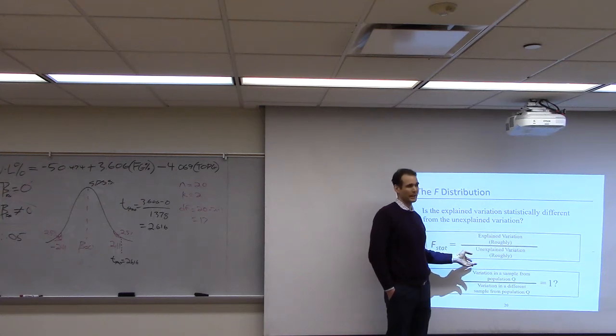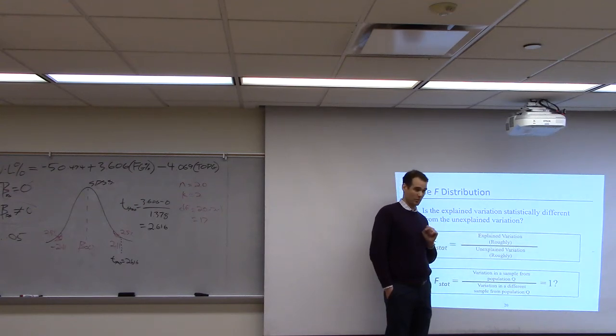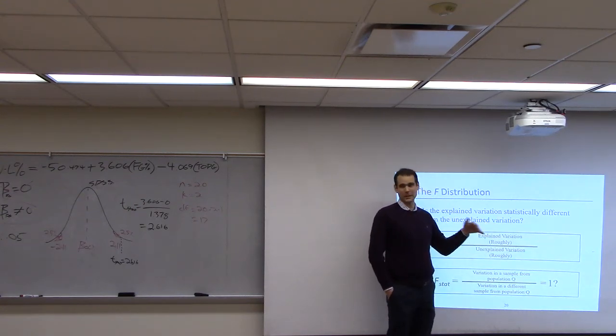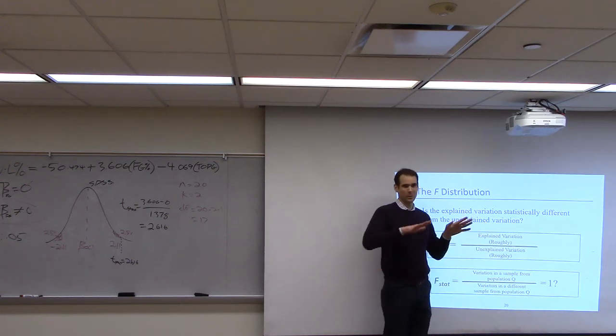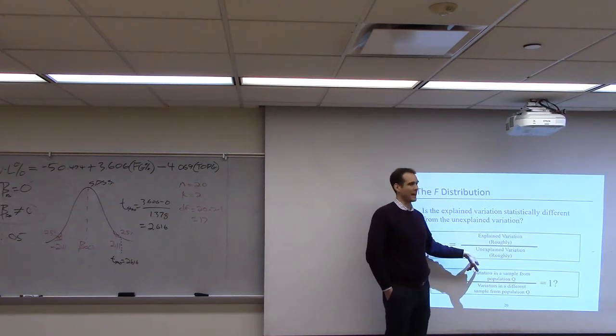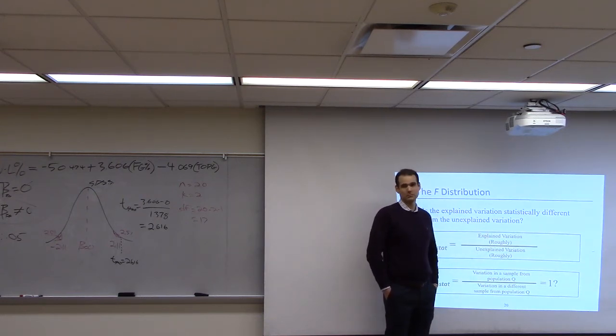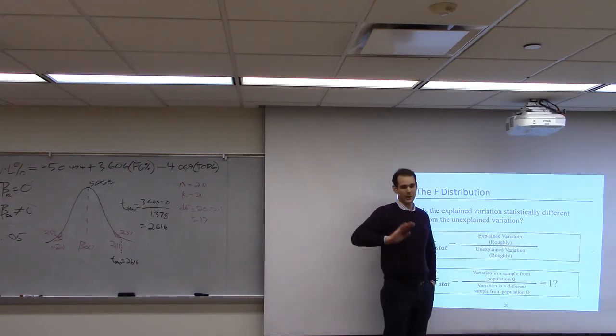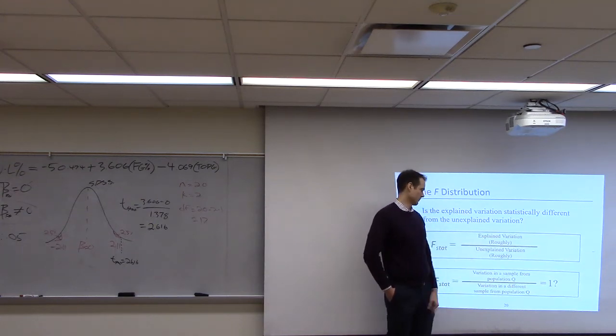If there's truly no relationship, if all the independent variables have slope coefficients of 0, then it would just be a random plane of best fit through randomly spread points of data, and we would have the same amount of explained variation as unexplained variation. So if we take explained variation divided by unexplained variation, it would be 1 if there is no relationship anywhere in the model. You with me there? No relationship anywhere, explained and unexplained would be the same, this would be 1.